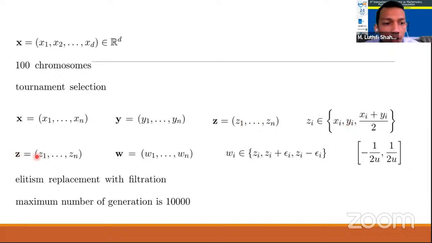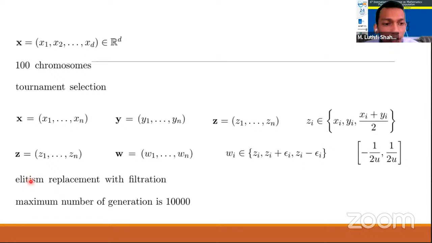And this one is the step for mutation. After we get the result from crossover, we do a mutation. So we will get W, and for every i in W, we choose from these 3 options, where epsilon i is chosen from this range of values.